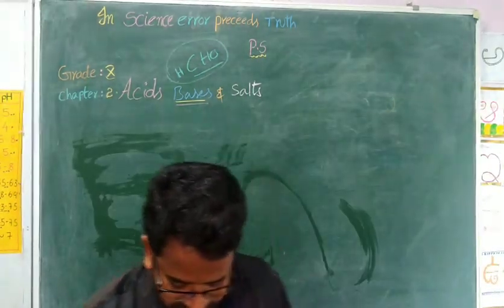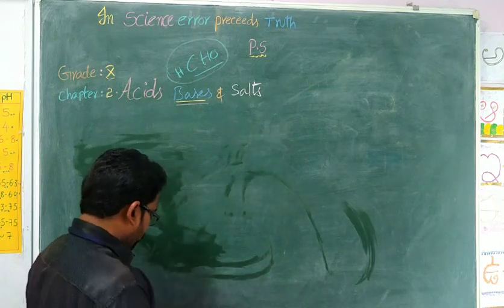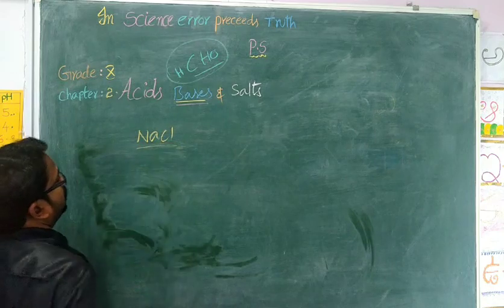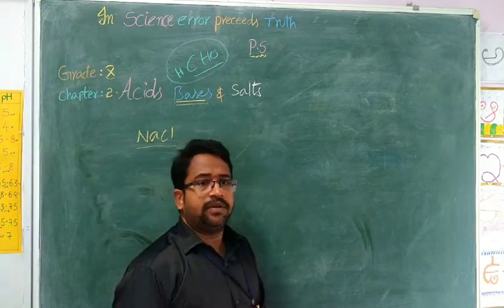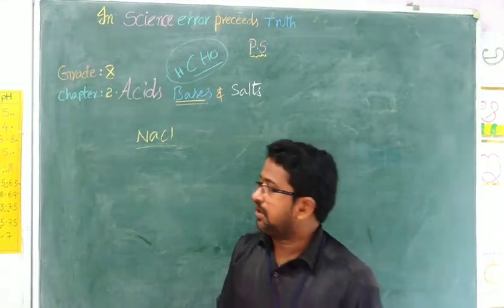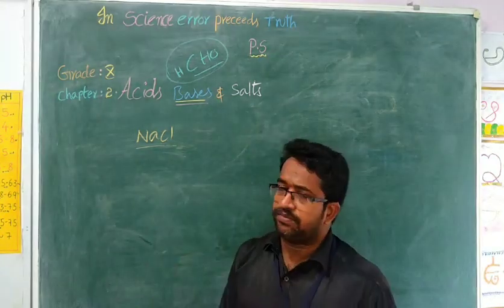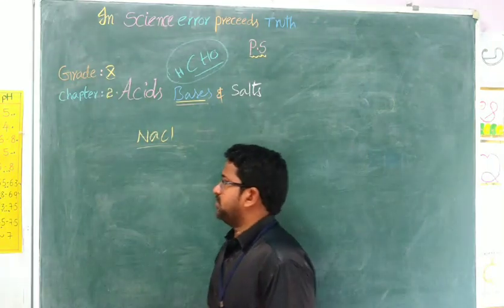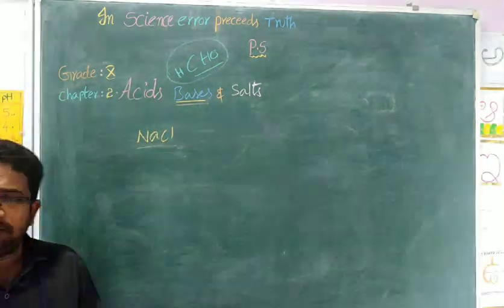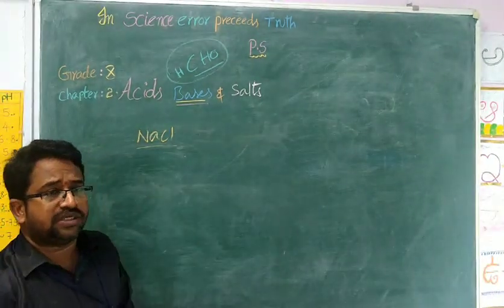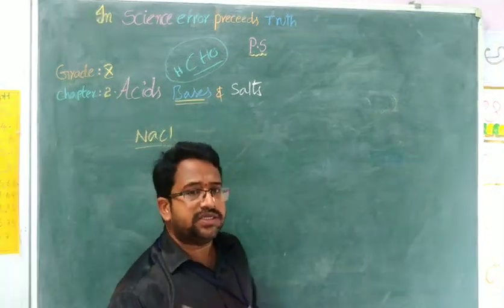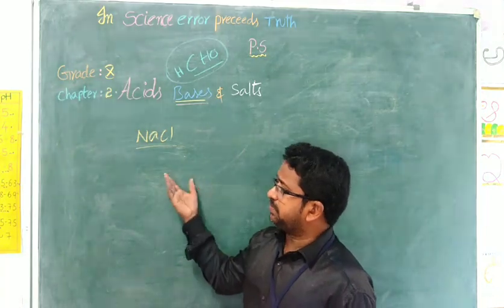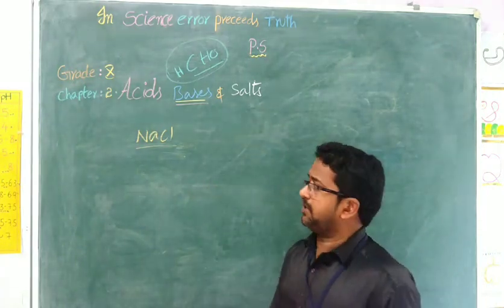Now, the first one is NaCl, sodium chloride. Sodium chloride salt can be obtained most probably from seas and oceans, because so many minerals are dissolved in them, as water is a universal solvent. So it can dissolve so many minerals and salts. Among them, the most superior one is sodium chloride.